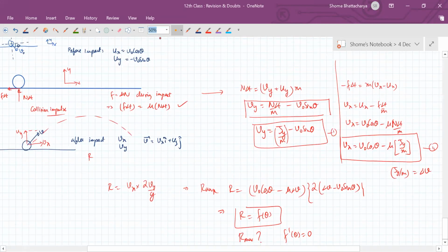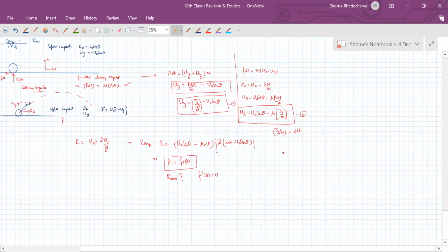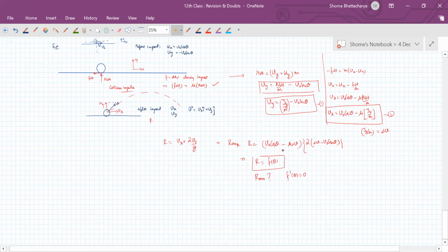Understood now? From here on, you have to just open out this function. It involves linear terms in sine theta, cos theta, and a product term of sine theta cos theta. Then you have to differentiate it and put its derivative equal to 0. So Ganesh, is this the method you have used to solve this?